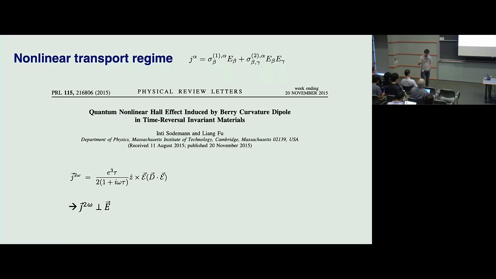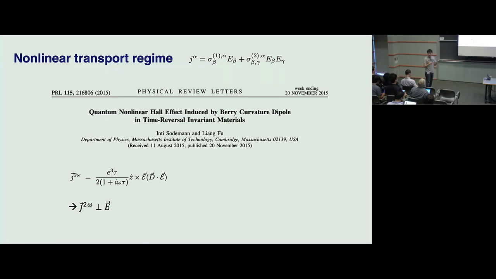The current and the electric field are always perpendicular to each other. And secondly, this parameter has a vector D in it, which means that to have nonlinear Hall effect, you have to break rotational symmetry, right? This factor defines a preferred direction. So combining both of these together, this is actually a very well-defined phenomenon that has a very strong condition, right?